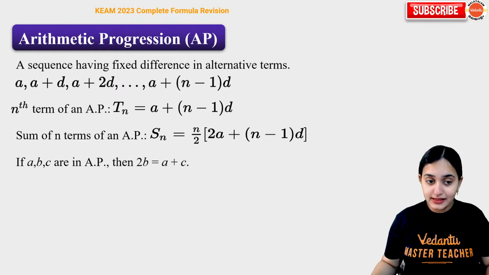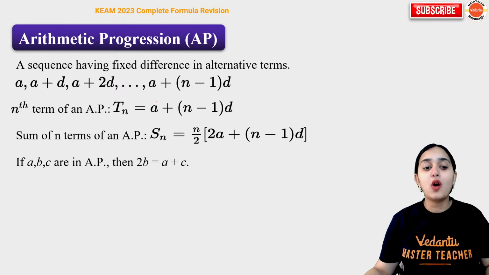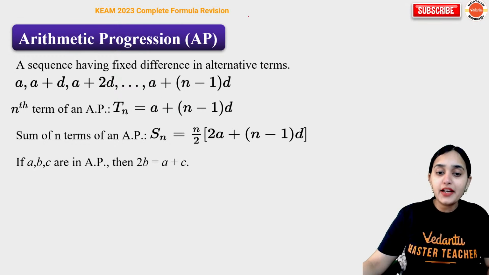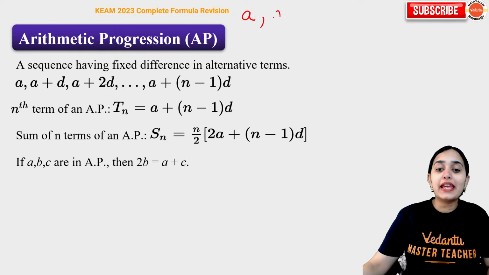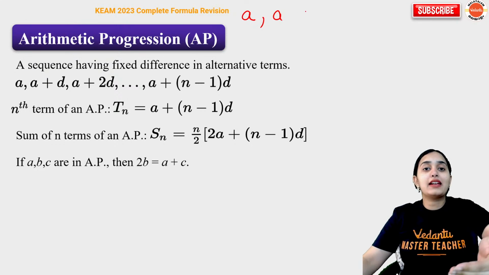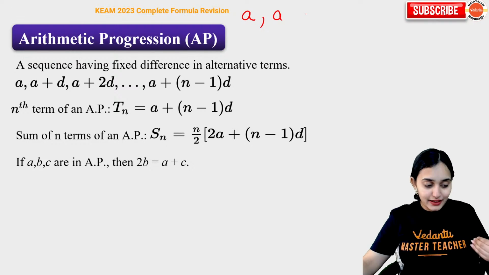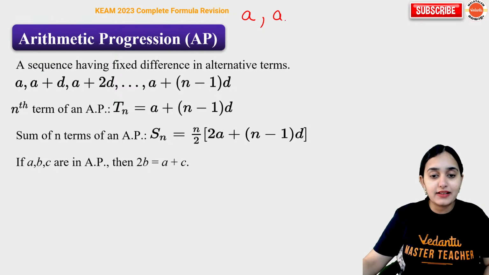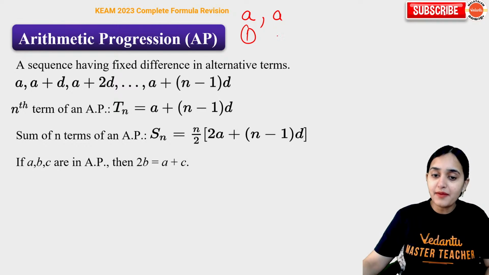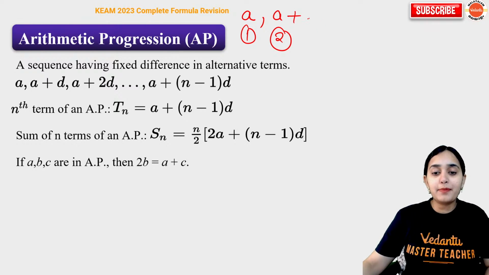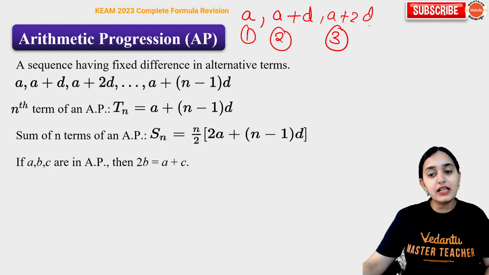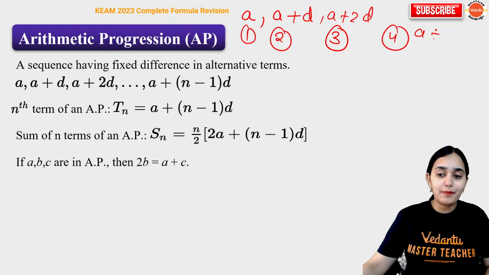AP is arithmetic progression, where every term is increasing or decreasing by a common difference. So first term is A, second term will be A plus D, third term will be A plus 2D, fourth term will be A plus 3D.